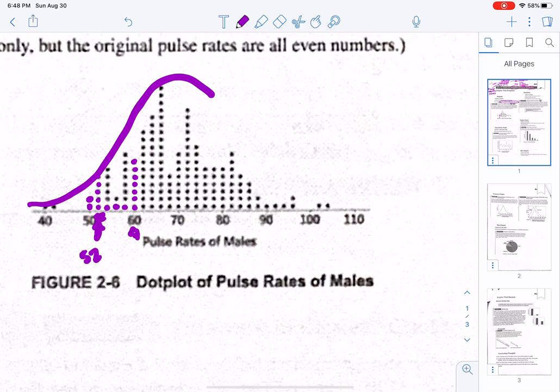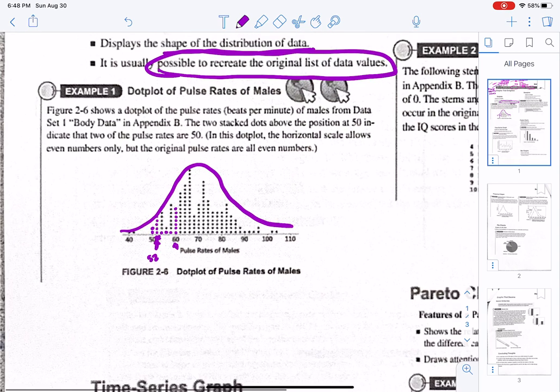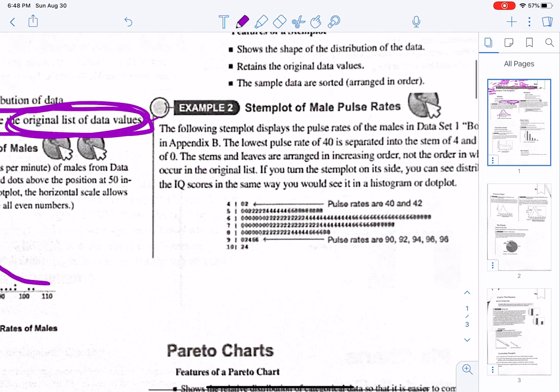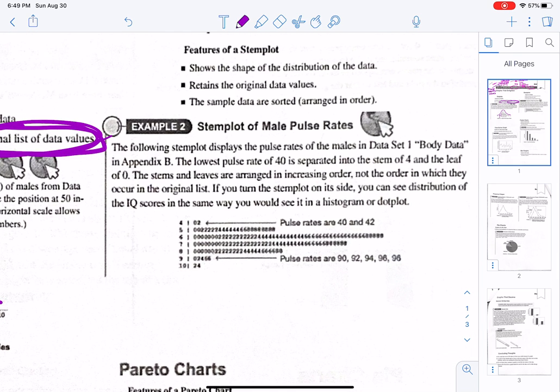So it does tell me the shape, and it's pretty normally distributed, but also I don't lose, they're not listed as classes, so between 50 to 60 or whatever, it does give me specific data points, and I know what those values are, okay? So that's one of the things. The original list of data values is kept intact, okay? Over here, stem plot, also, you kind of can see the shape of the distribution, but it's sideways.